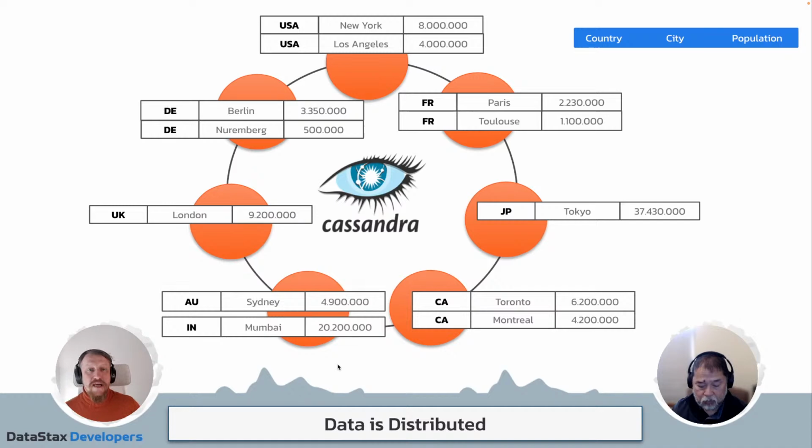That means the table will be divided into pieces, and those pieces will be distributed across multiple servers. It gives us a very powerful thing because each server is responsible for part of the table. If your table gets bigger and bigger, if you get more and more data, then you can easily add more servers into this cluster, or Astra will do it for you because it's serverless.